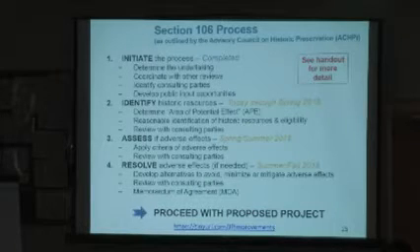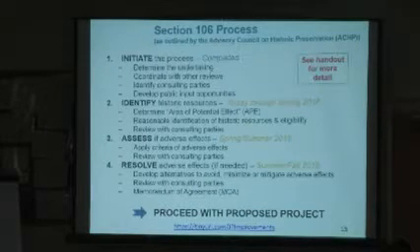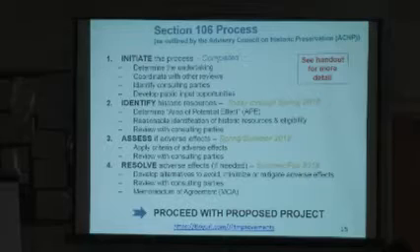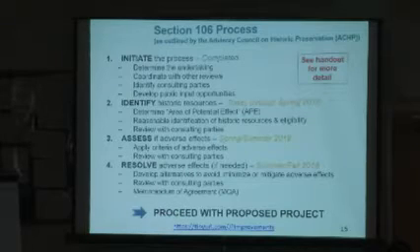So we are on number 2, to identify historic resources, and that would include determining the area of potential effect. Again, we'll go into more detail about that later. Identification of historic resources and their eligibility for the National Register, and then reviewing this with you, our consulting parties. This is the kickoff, and we anticipate that this phase will go through spring of 2018.